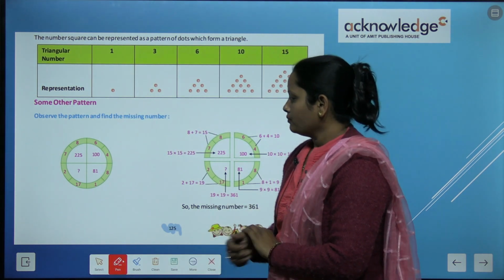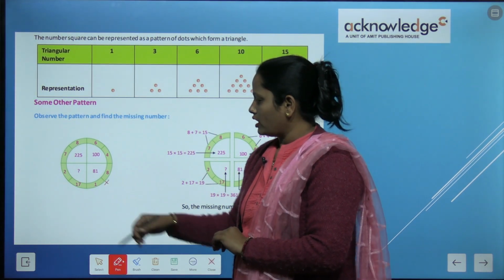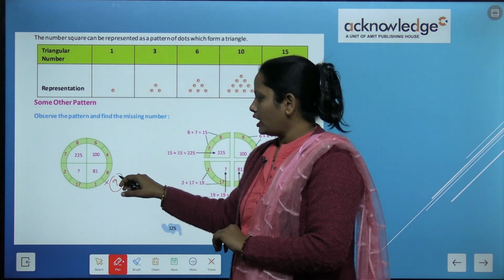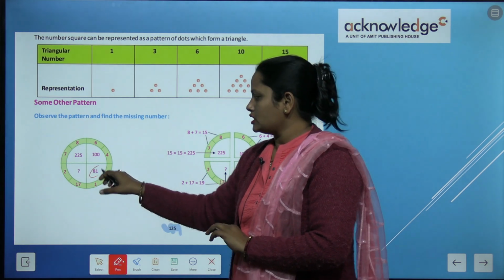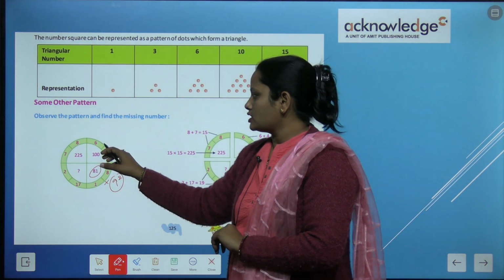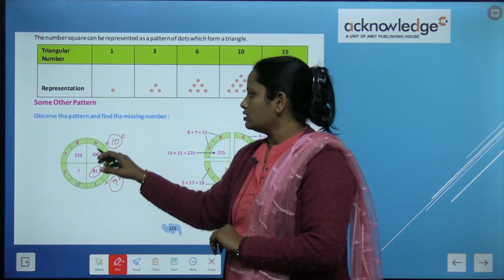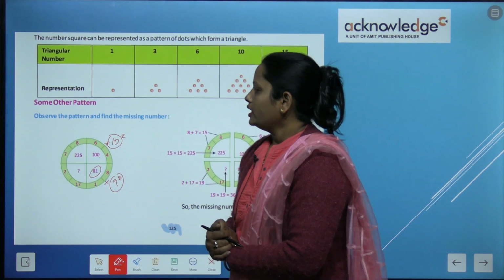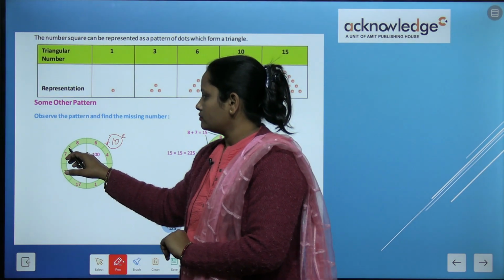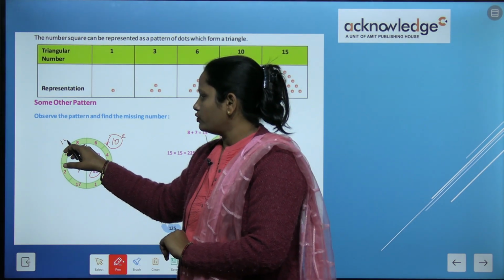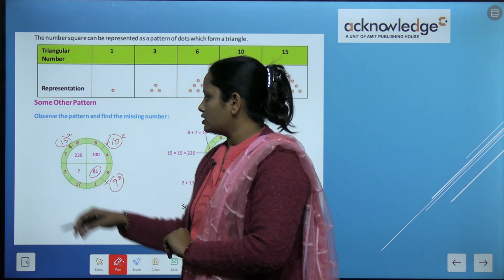Here you can see 8 plus 1 is 9 and 9 का square is written here which is 81. Similarly 6 plus 4 is 10. अब 10 का square is written here. Similarly 8 plus 7 is 15. 15 का square is written here.